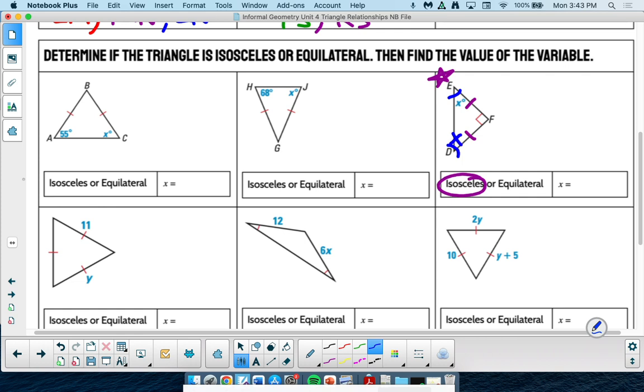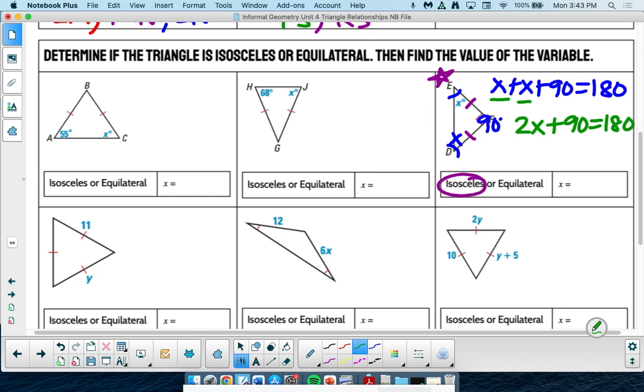So I know that all three of these things have to add to 180, right? And don't forget that that box means 90. So we're going to have x plus x plus 90 is equal to 180. Combine our like terms. Good work.